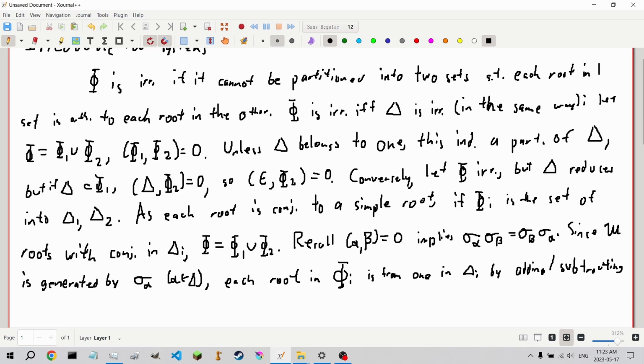I think we've seen that before as a lemma or something. Maybe not, but yeah.